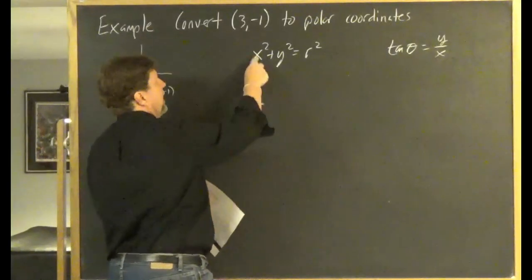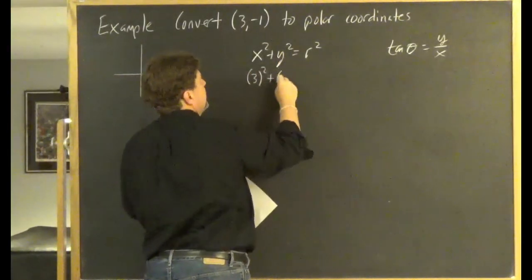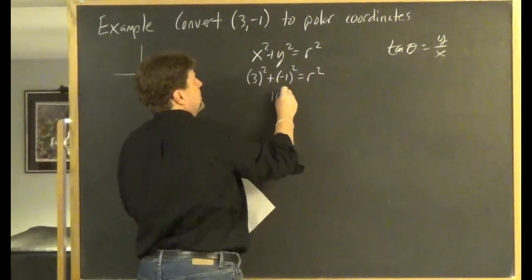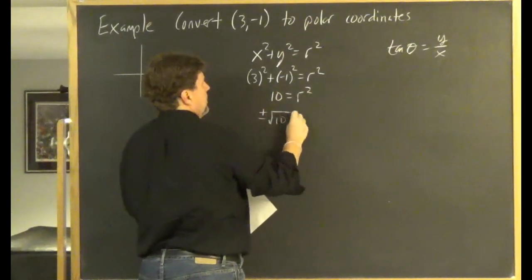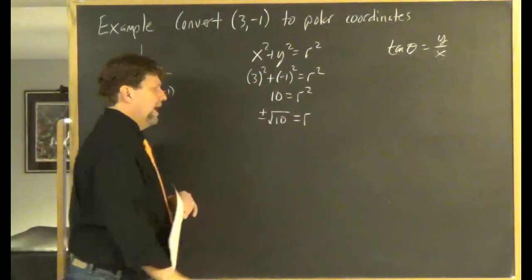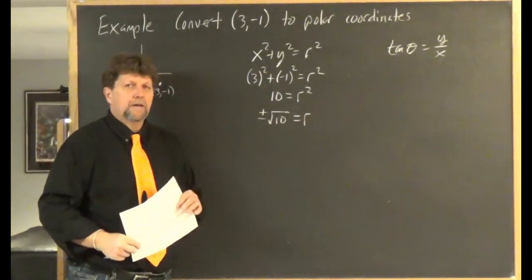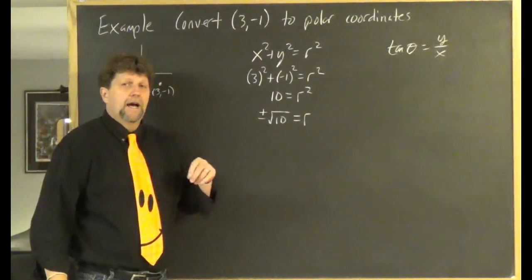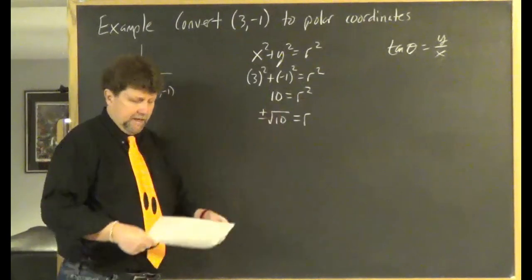So let's see, x squared plus y squared equals r squared, so we'd have 3 squared plus (-1) squared equals r squared. So 10 is r squared, and plus or minus square root 10 is equal to r. I don't know which to use until I get my directed angle theta.